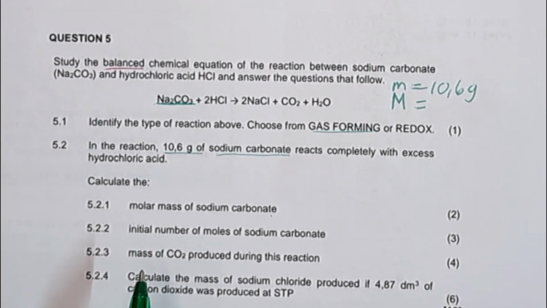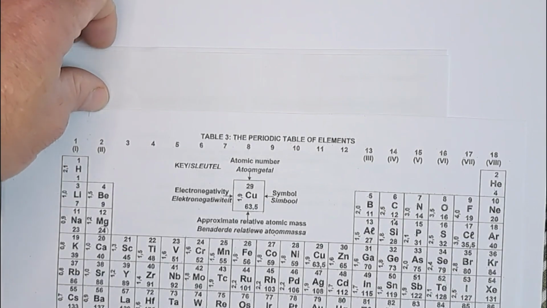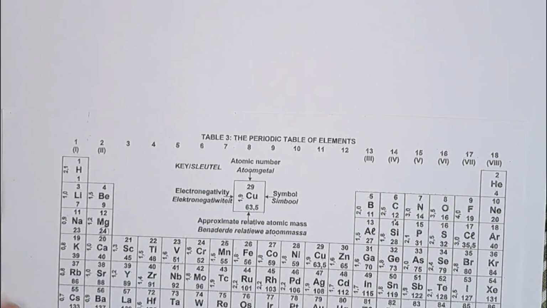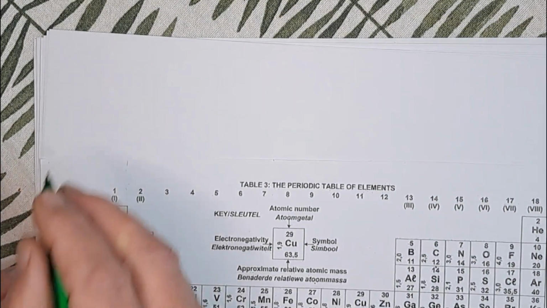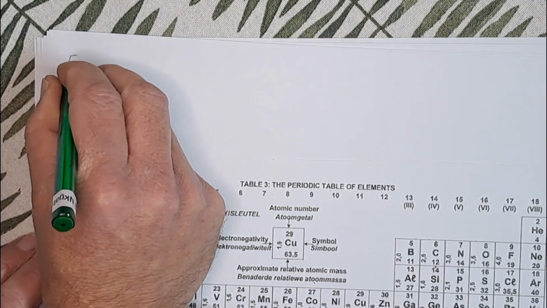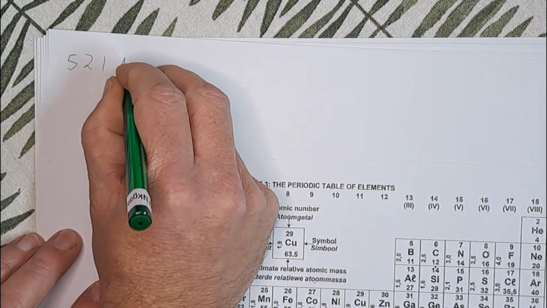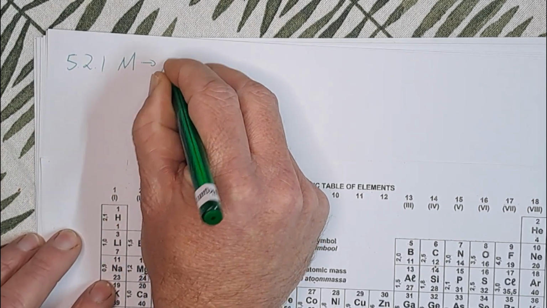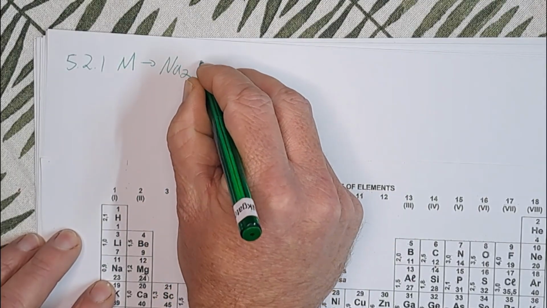It is where we're going to go to our periodic table and we're just going to calculate molar mass. So to calculate molar mass, it's 5.2.1. So we want molar mass of sodium carbonate.